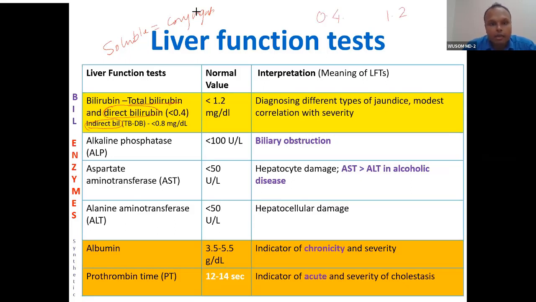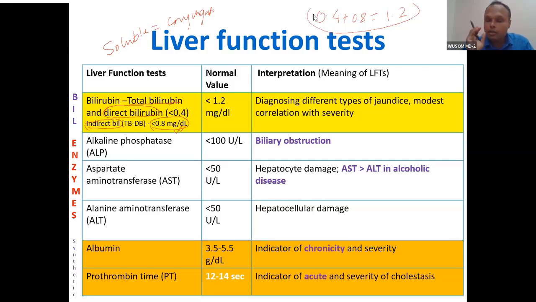If you add 0.8 here, it becomes 1.2. So 4, 8 and 12, like that you can remember easily. You can subtract direct bilirubin from total bilirubin and you get the normal value of indirect bilirubin. So 0.8 mg per deciliter is the normal concentration.